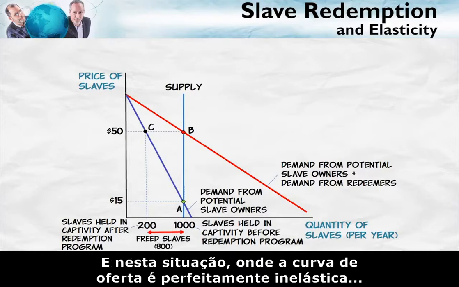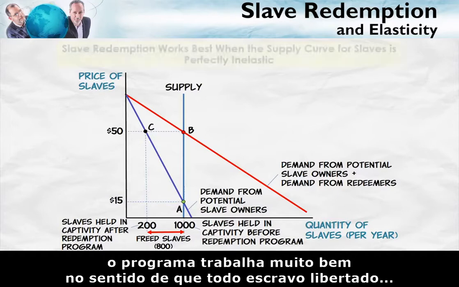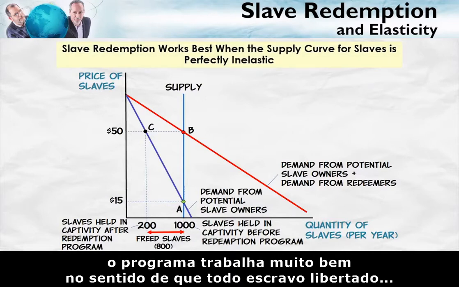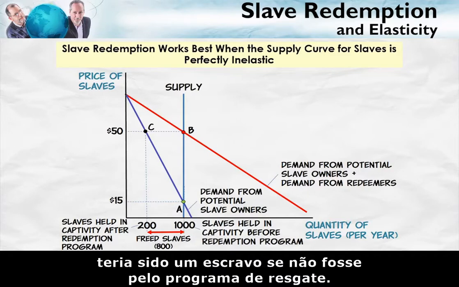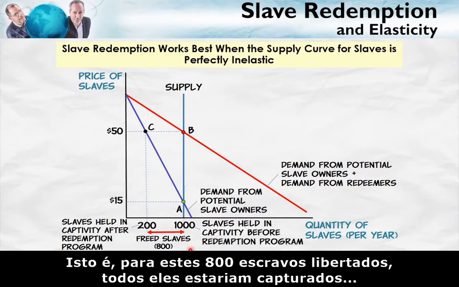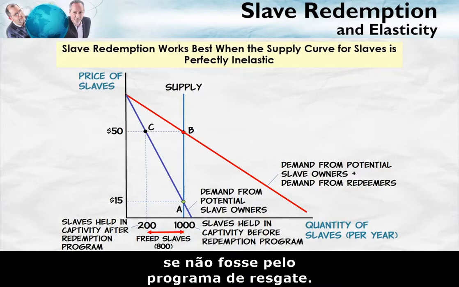And in this situation where the supply curve is perfectly inelastic, the program works quite well in the sense that every freed slave would have been a slave had it not been for the redemption program. That is, of these 800 freed slaves, all of them would have been held in captivity were it not for the redemption program.